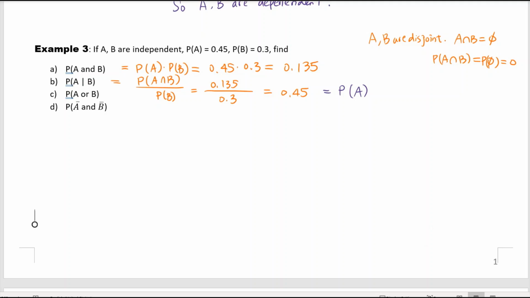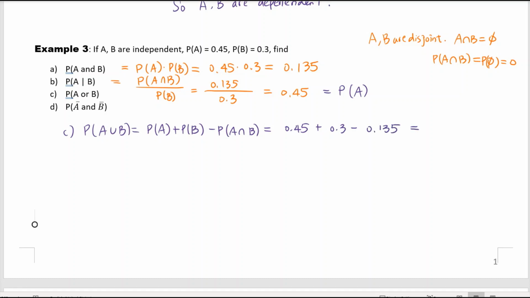Alright, and then part C. Part C, P of A or B. Well, again, the general addition rule is P of A plus P of B minus P of A and B. So P of A is 0.45, P of B is 0.3, P of A and B is 0.135.